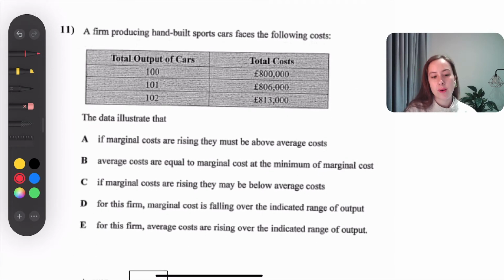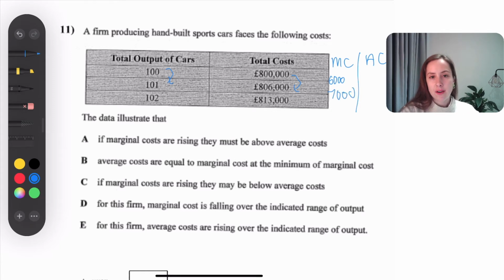Okay, this one is a good question in the sense that you can literally work this out. It's asking you about marginal costs and it's asking you about average costs. So if you have any doubts, work that out. Marginal cost, your change in total costs, which is 6,000, divided by your change in quantity, which is 1.